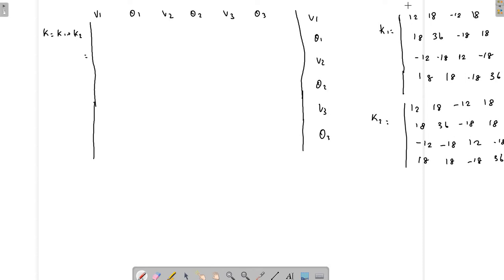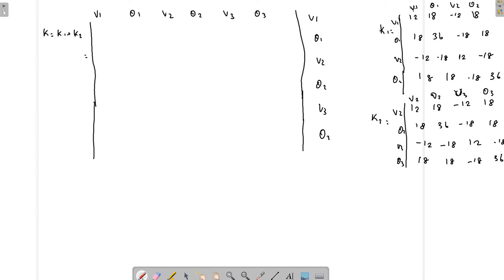So we are going to assemble. Here we have V1, theta 1, V2, theta 2, because it is for the first element. So it is for our reference. This is between 2 and 3: V2, theta 2, V3, theta 3. So the respective coefficients are to be filled.